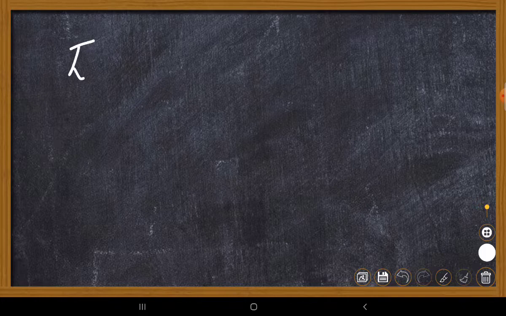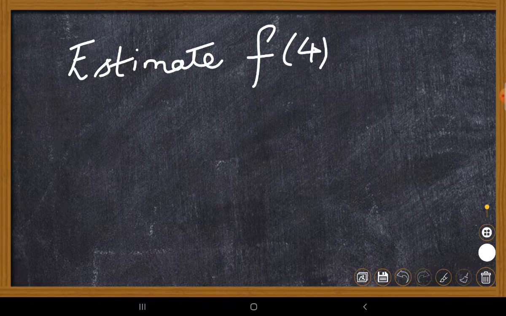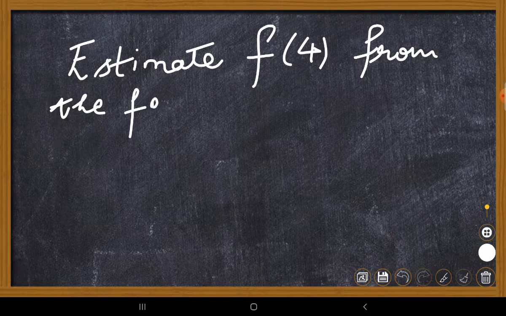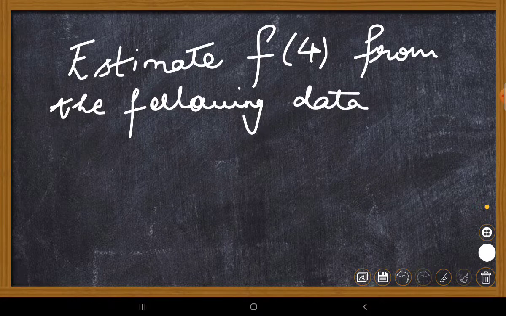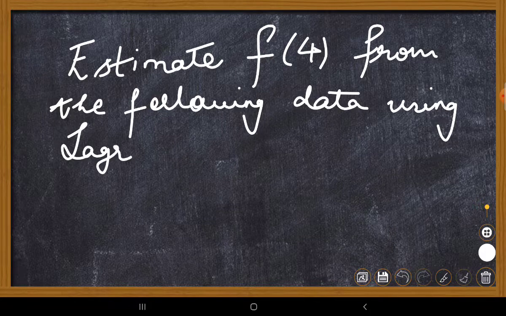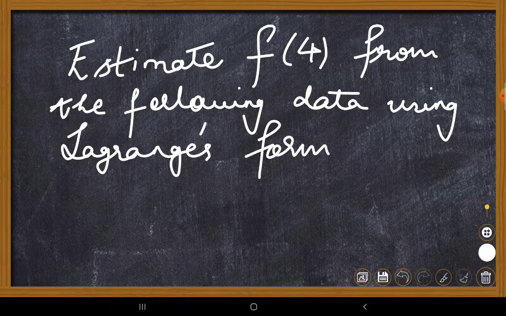Okay, so the problem is to estimate F4 from the following data using Lagrange's formula, and the data is given like this.